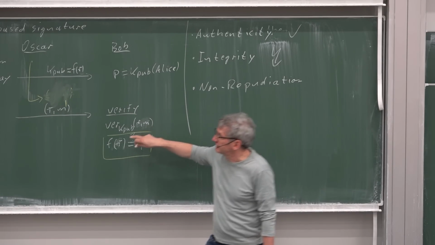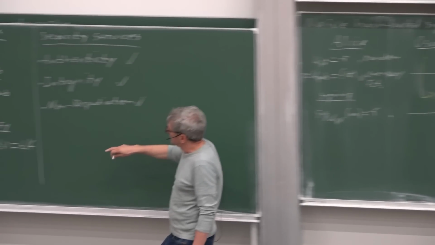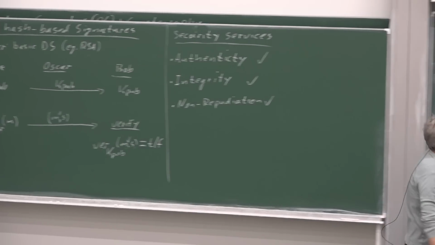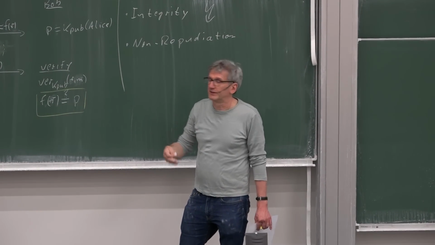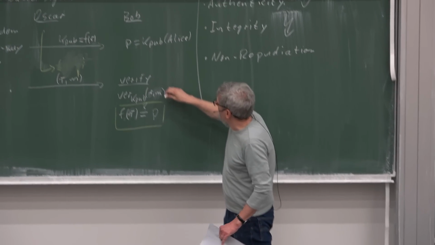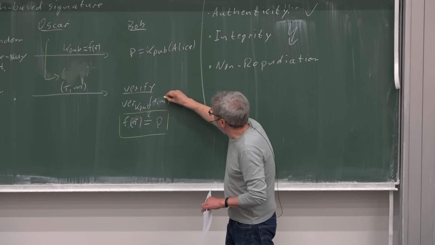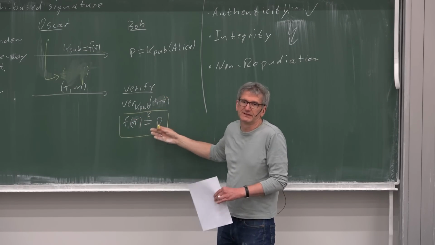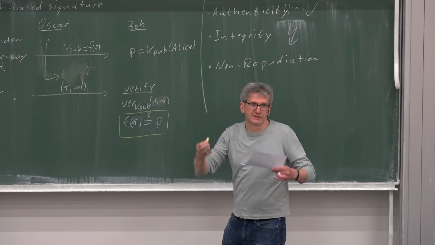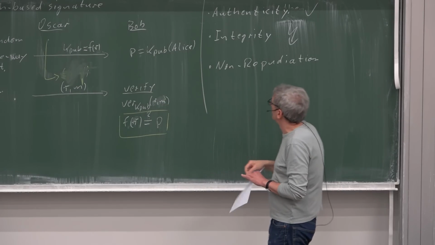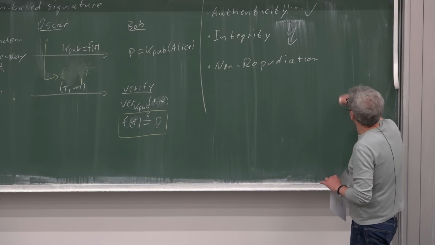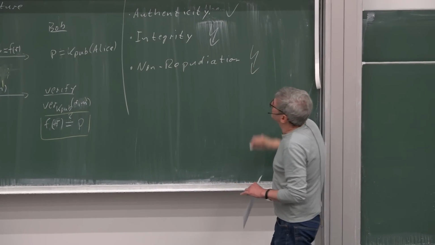Because if this is a legal contract, Bob could replace M by M prime, and it would still check out, and a judge, a neutral third party, cannot distinguish between M and M prime, right? So I think it's safe to say we don't have non-repudiation.